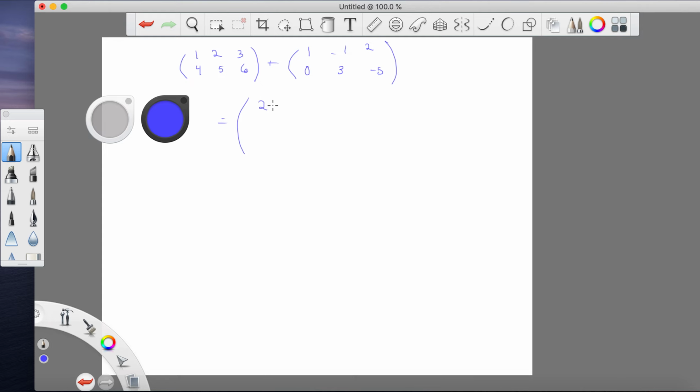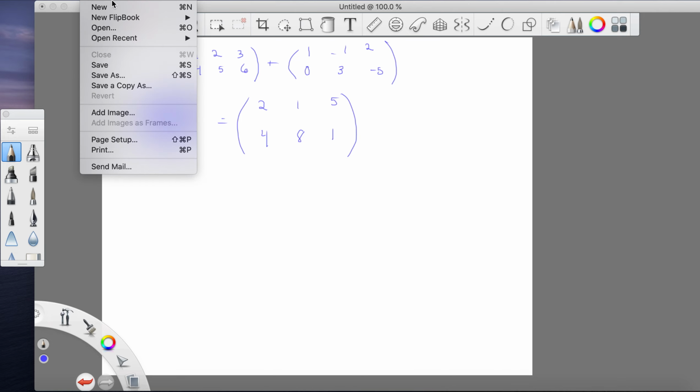So 1 and 1 is 2, 2 and negative 1 is 1, 2 and 3 is 5, this is 4, 8, and 1. Keep in mind that all of these matrices are 2 by 3. Their dimension is 2 by 3. Just remember, when you add matrices, the dimensions of both matrices have to match up.